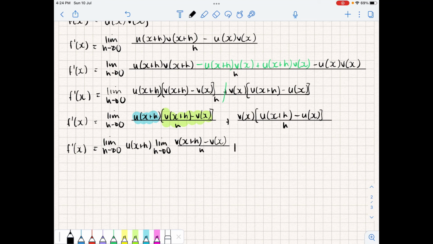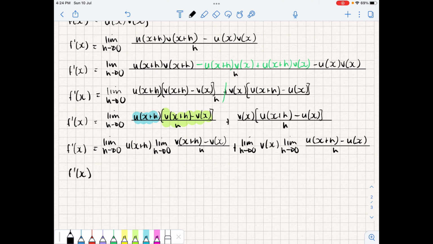So we have plus the limit as h approaches 0. I'm going to split this v of x off and then multiply it by the limit as h approaches 0 of this u of x plus h minus u of x all over h. So at this point, we are ready to assess our limits and actually figure out what's going on here.